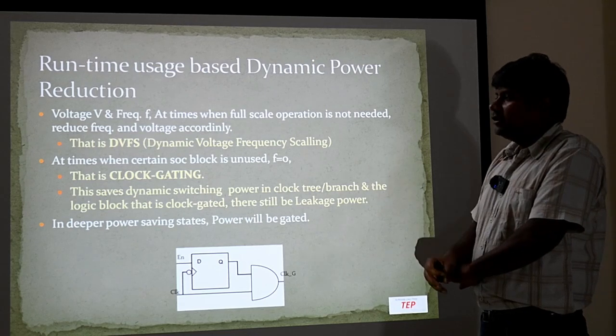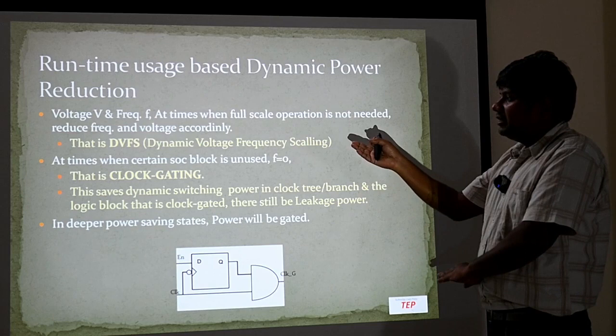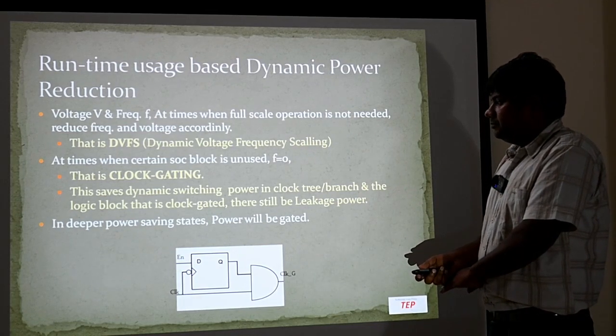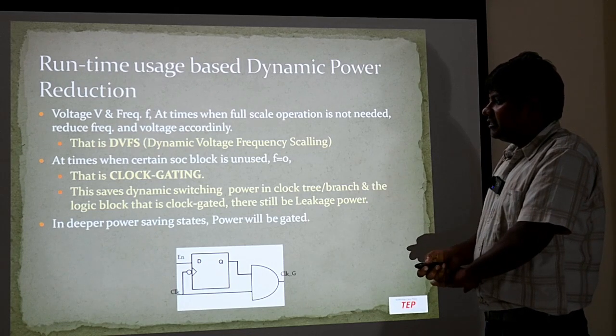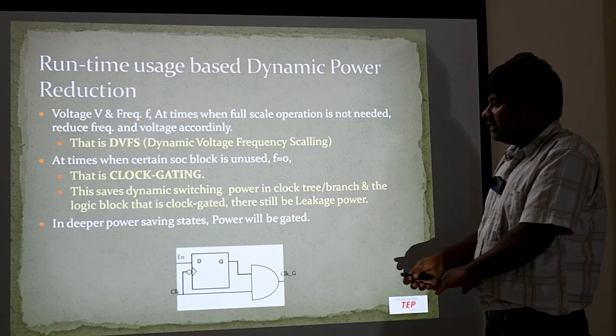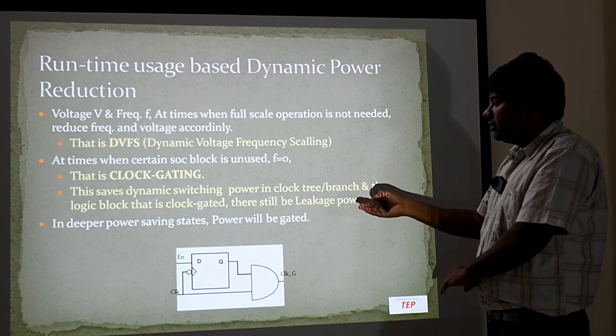The leakage will also reduce at the same time, because you are reducing the voltage, but the primary benefit is the switching power reduction. And clock gating is the next stage where we further save power, where we completely gate the clocks, and power gating is where the power is gated or removed from that circuit.